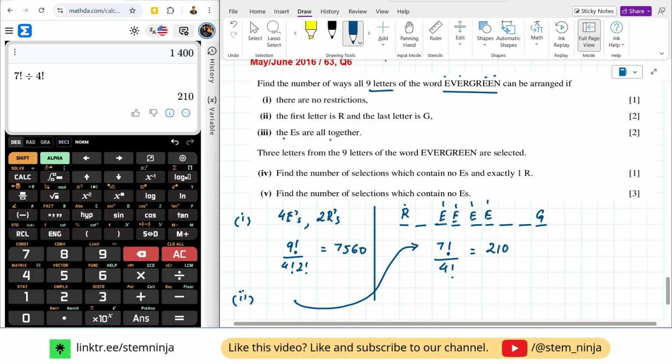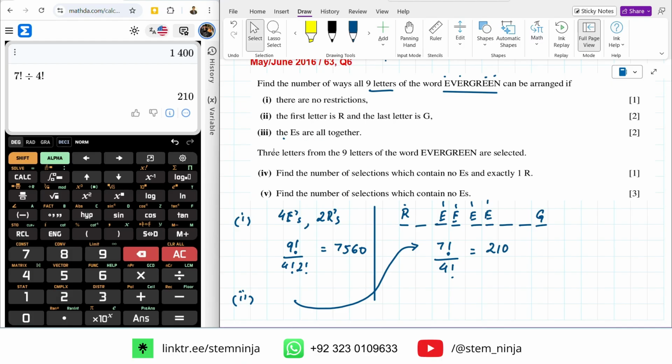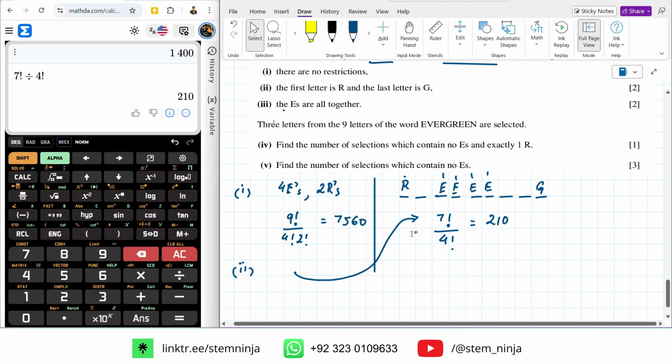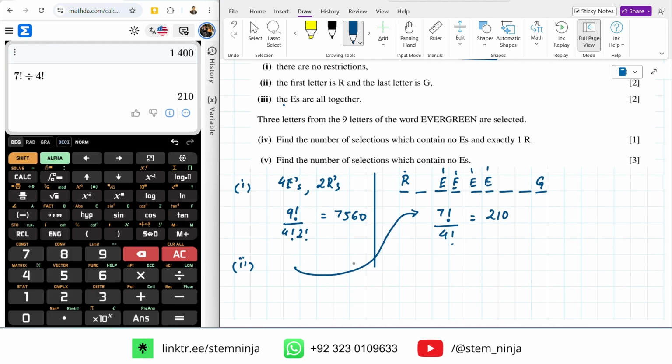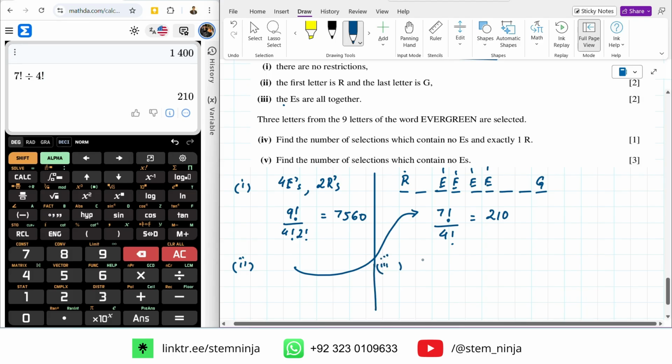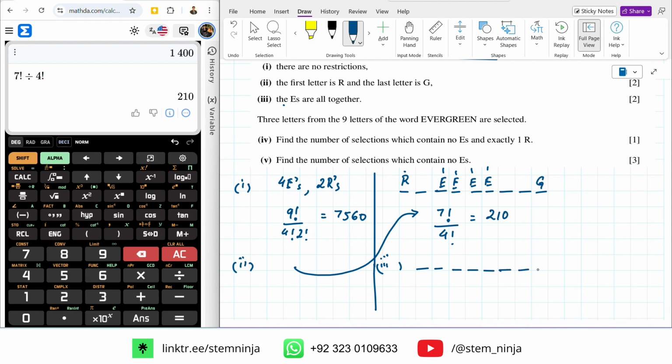Now the E's are all together. This is a very simple solution also, like simple working also. So same thing, 1, 2, 3, 4, 5, 6, 7, 8, 9. E's will form a group, and that will become one group itself.